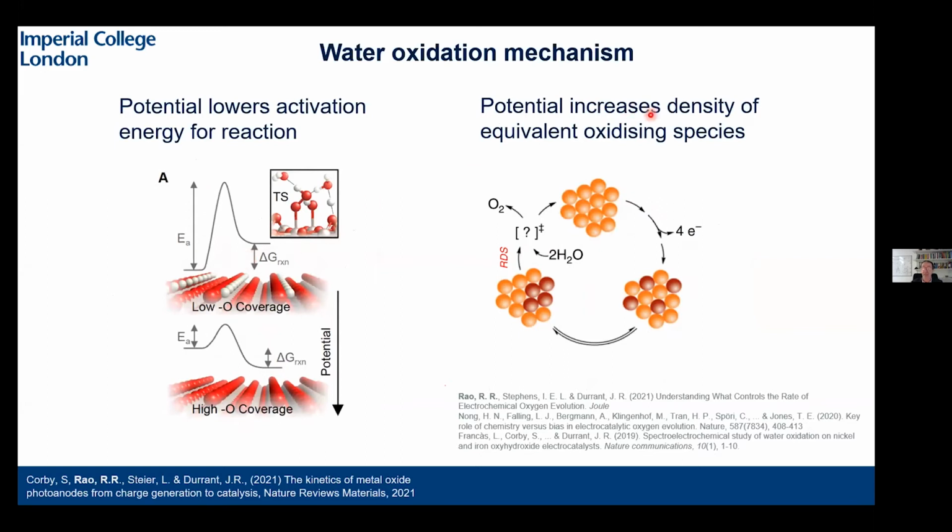Another viewpoint is simply the idea that if you've got to do 4 oxidations, then having a lot of oxidizing species around to come together to drive the catalysis is going to accelerate things. So when you apply a potential, the main thing you are doing is simply generating more oxidizing species. And when 4 oxidizing species come together, they can oxidize 2 molecules of water to 1 molecule of oxygen. These are all different models.